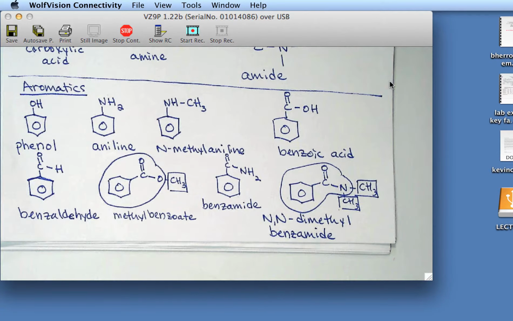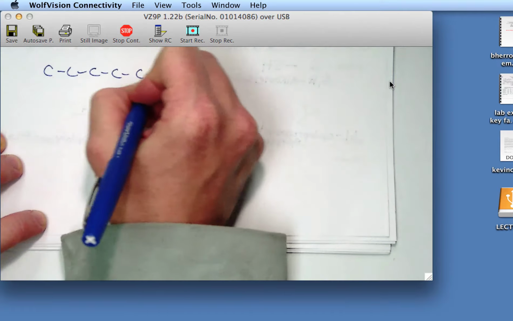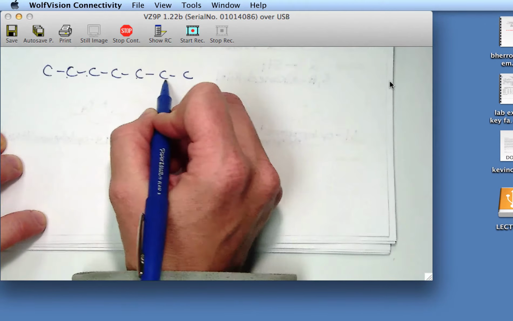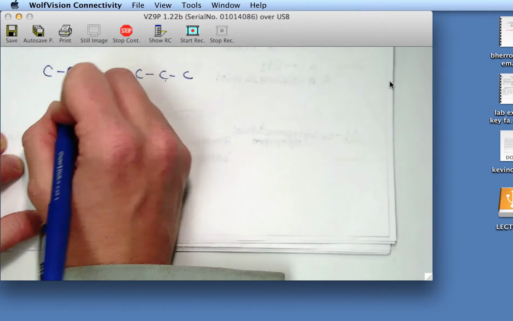So, 1, 2, 3, 4, 5, 6, 7. If I have a benzene ring coming off a chain of more than 6 carbons, then this is called phenyl.